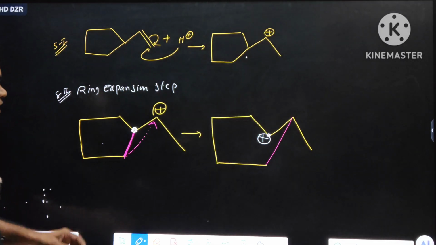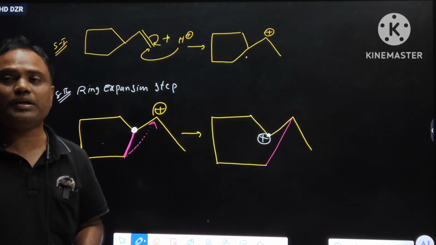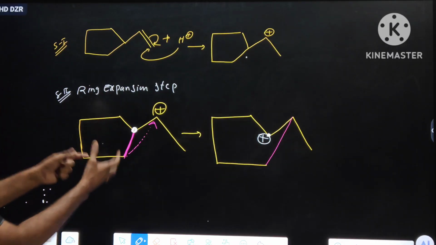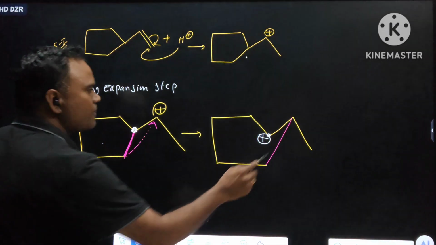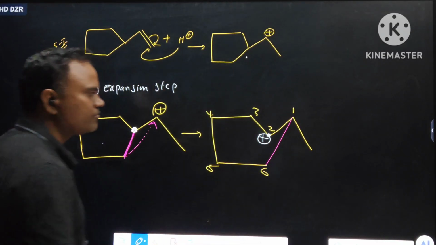No, not rearrangement. This is a 5-member ring. It is kind of a rearrangement, but particularly it is called ring expansion, because we can clearly see a 5-member ring converting into a 6-member ring. Give the numbering: 1, 2, 3, 4, 5, 6.